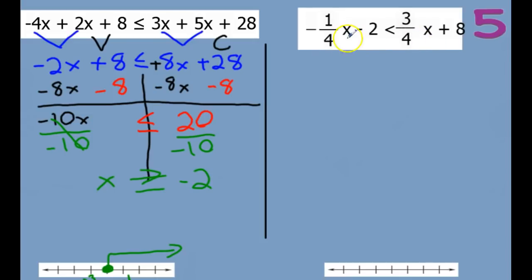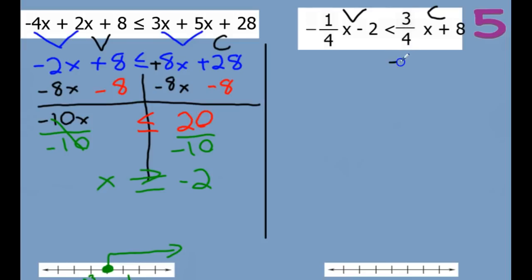Now we have variables on both sides, so we need to get a variable side and a constant side. Variable always goes to the left, so what we need to do over here is bring this 3/4 x over here. How we do that is the opposite of positive 3/4 x.